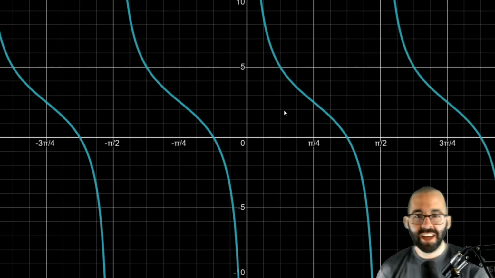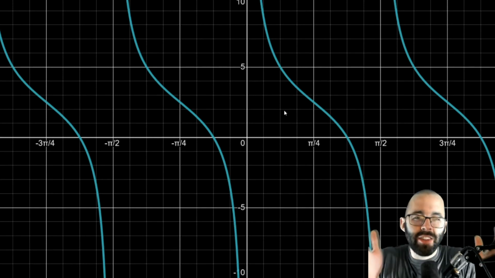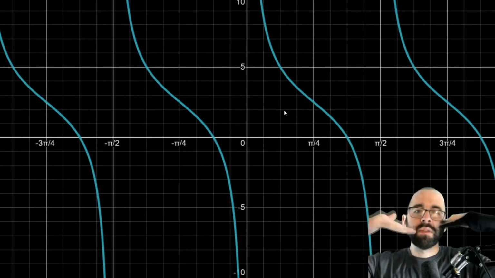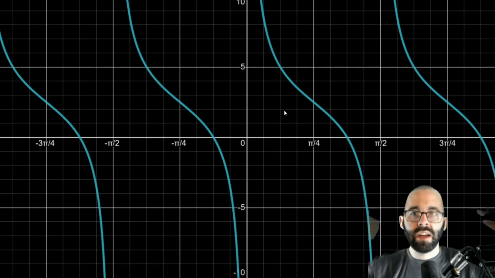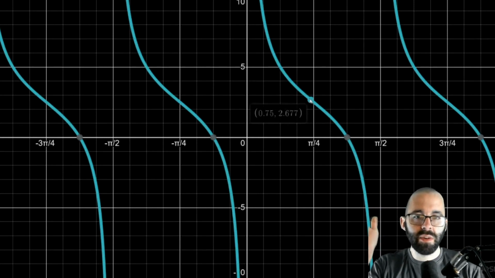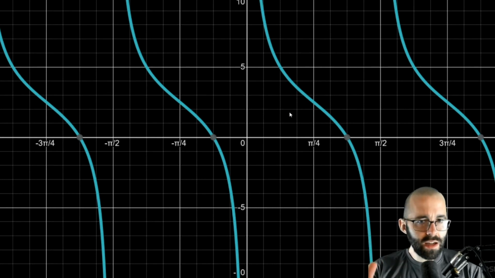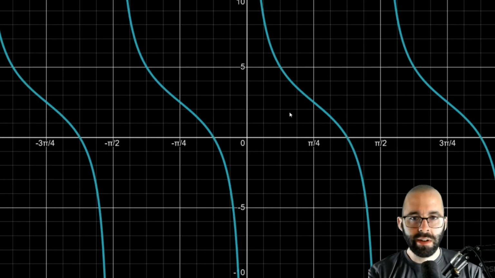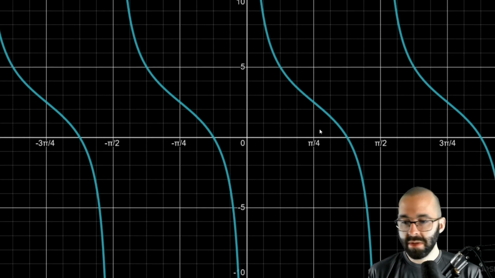So we have another tangent graph, and this one is just a lot more involved. Right off the bat, notice that this graph is moved up. The middle of each piece looks like it's somewhere around here. I don't know where it is. We'll look at that later. But just be aware that, yes, this graph has been moved up.